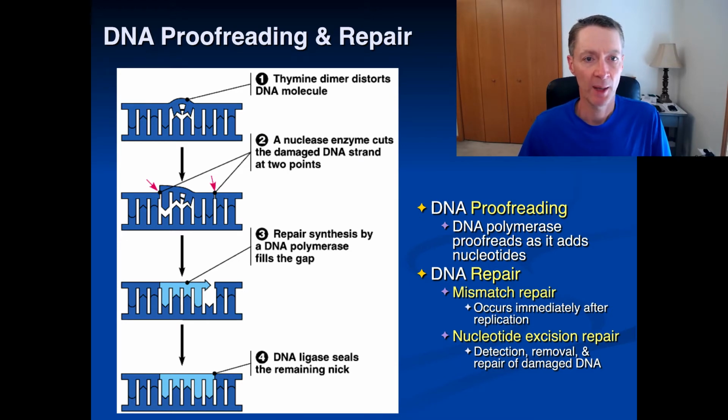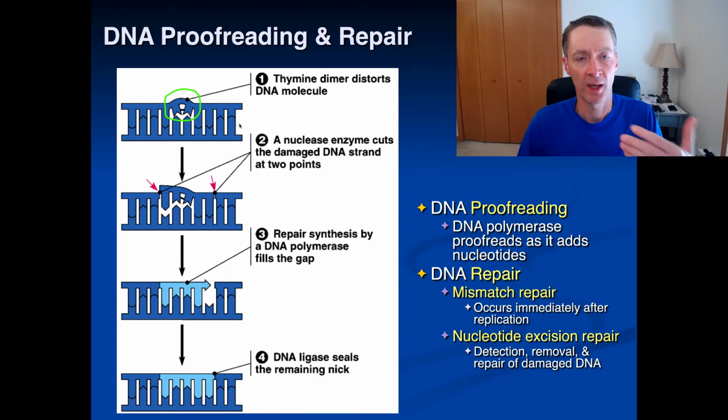An example of that might be like this example here, where two thymines are bound together side by side. This shouldn't be. This happens with UV light, which causes mutation to DNA, maybe in your skin cells. And nucleotide excision repair can be checking for these all the time, locating the errors and repairing those errors, okay?